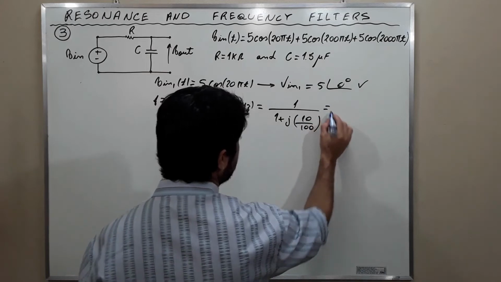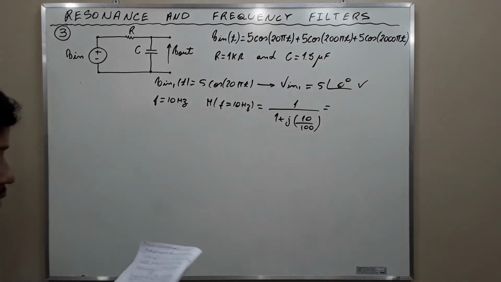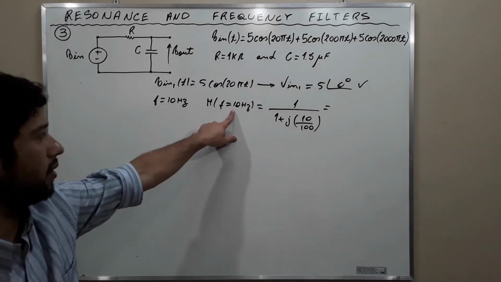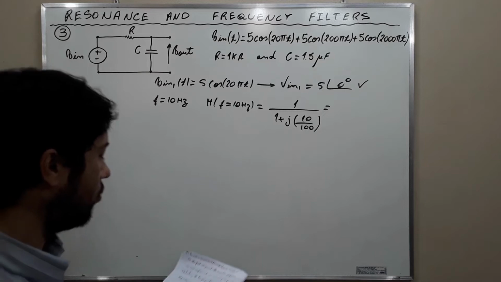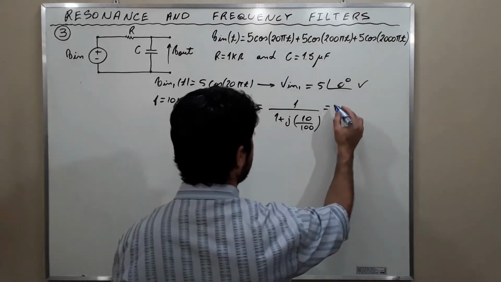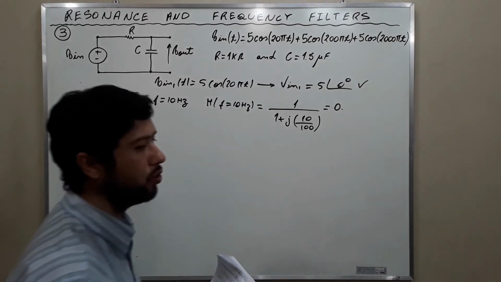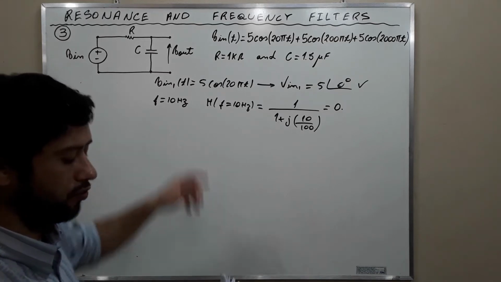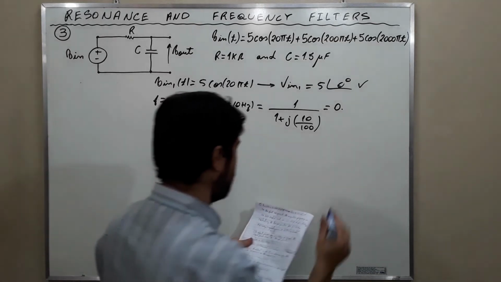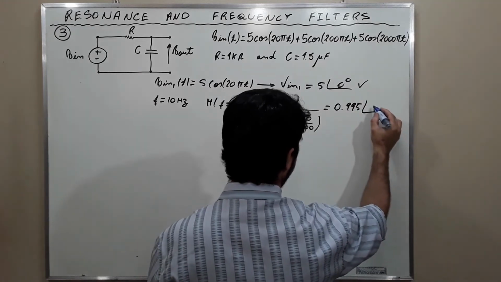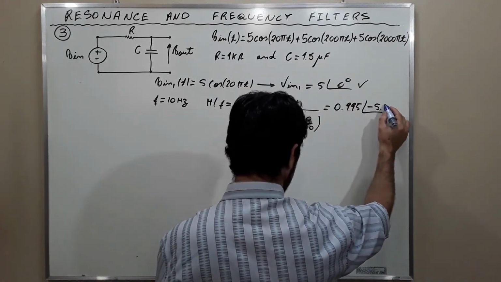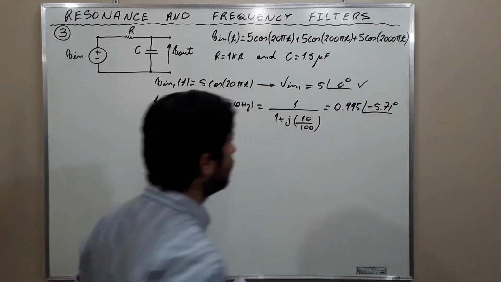We are using the transfer function that we just calculated, but now we are applying the frequency of 10 hertz, and calculating, we find that the transfer function exclusively for the frequency of 10 hertz is 0.995 phase negative 5.71 degrees.